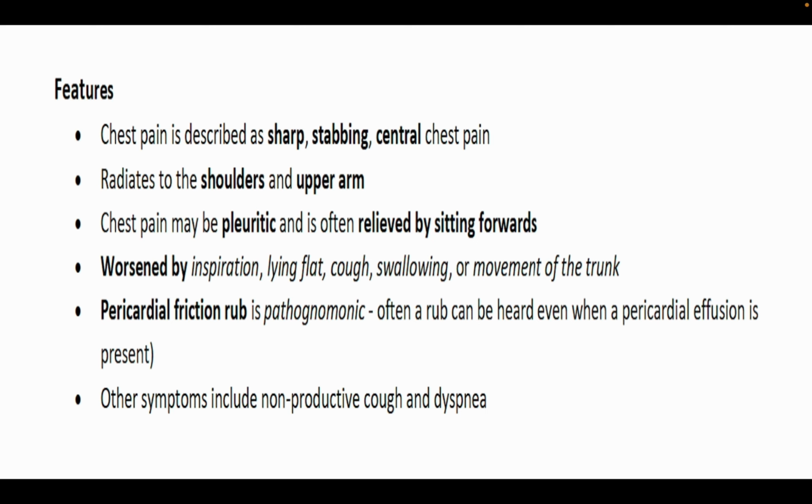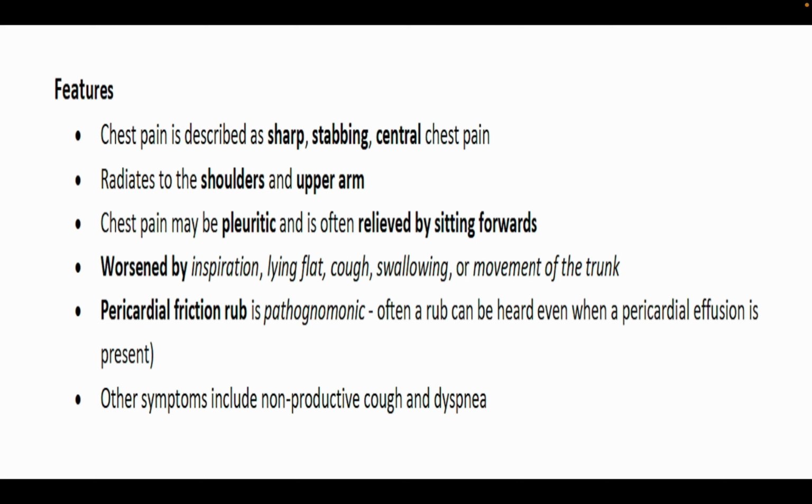What are the features of pericarditis? Usually pericarditis presents with chest pain, which can be very sharp, stabbing or central chest pain, and can radiate to the shoulder or upper arm. By sharp, I mean the chest pain can be pleuritic and is often relieved by sitting forwards.